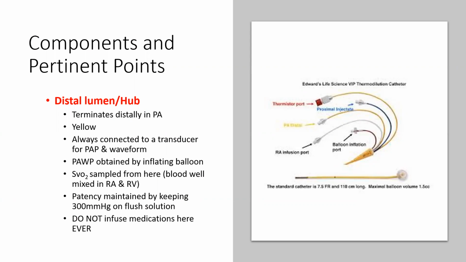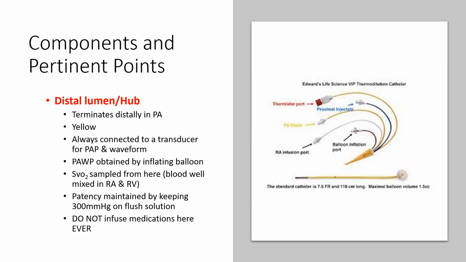The port for the distal lumen of the catheter is always going to be connected to a transduced hemodynamic monitoring so that we could therefore measure the pressure waveforms. And at the same time, the pressure waveforms can be displayed as the catheter passes through the chambers of the right heart and into the pulmonary artery. So this is the port that measures the pulmonary artery pressure.